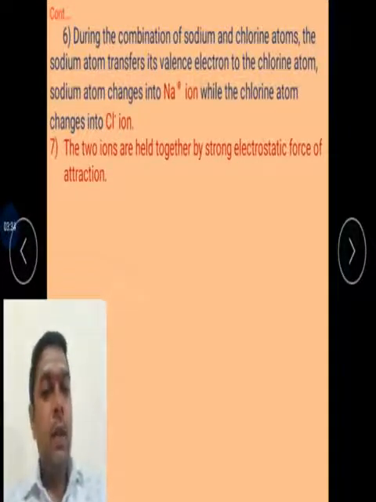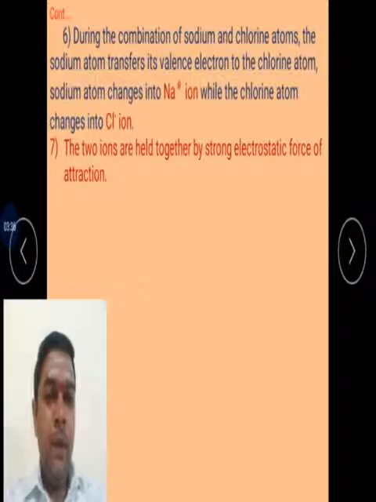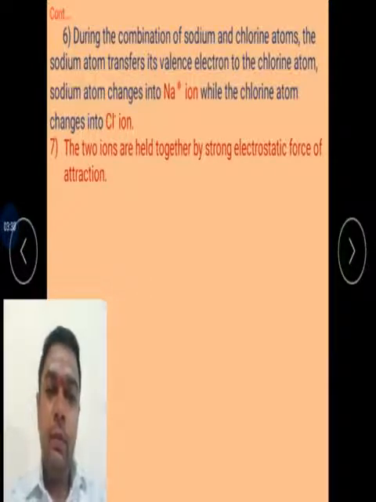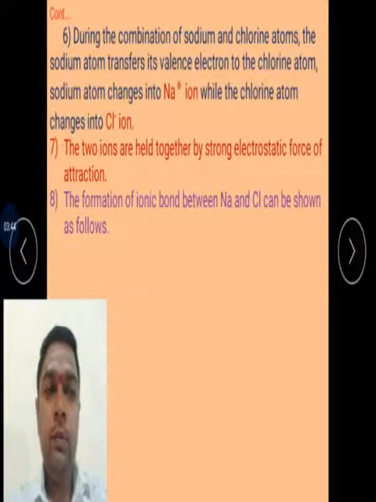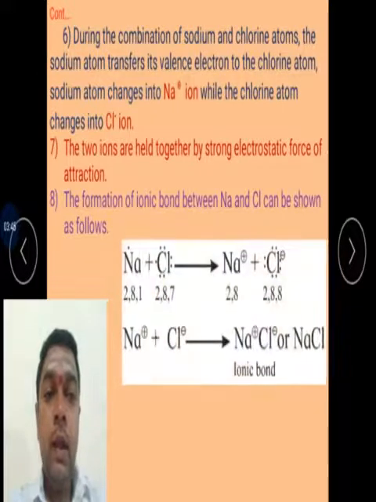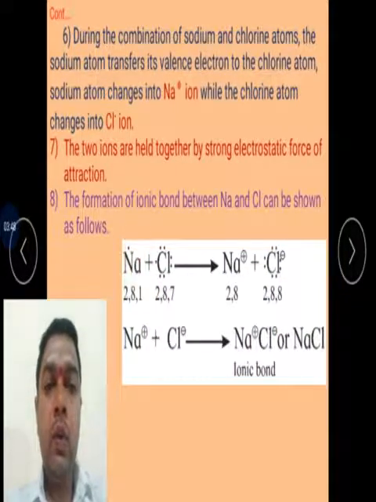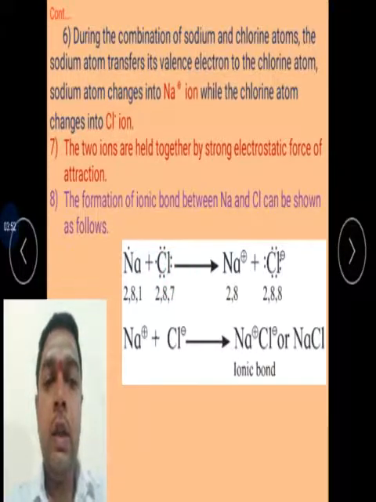The formation of the NaCl molecule from sodium and chlorine atoms is shown below. Sodium contains only one electron, while chlorine has 7 electrons in its outermost shell.